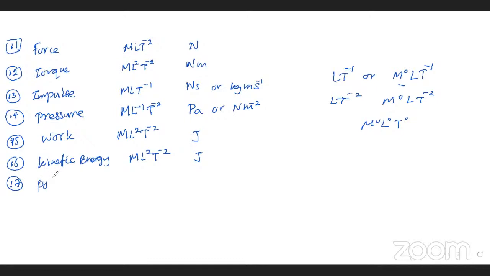Potential energy also has the same unit as the energy, because all forms of energy have the same dimension and the same unit.